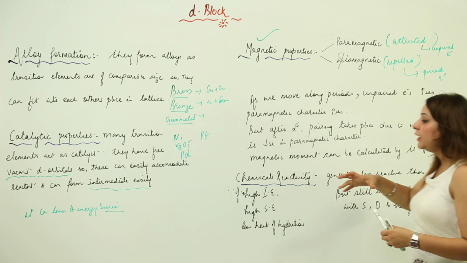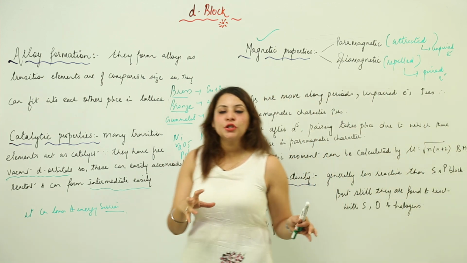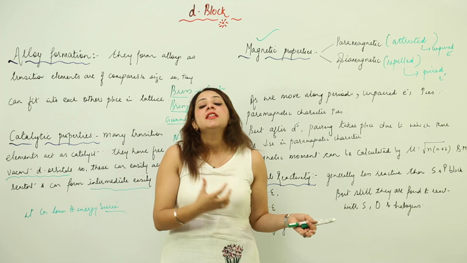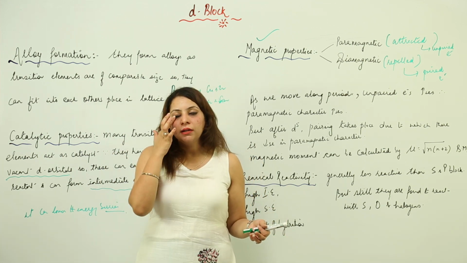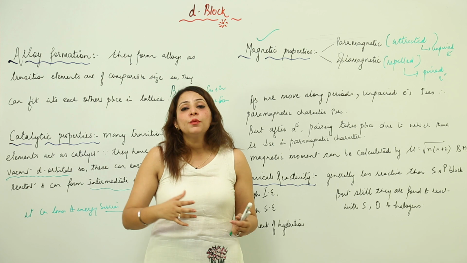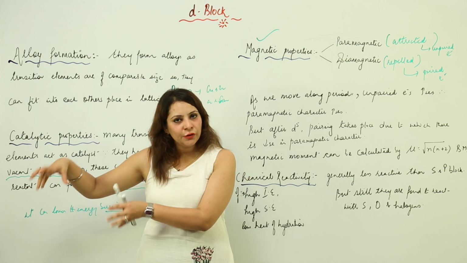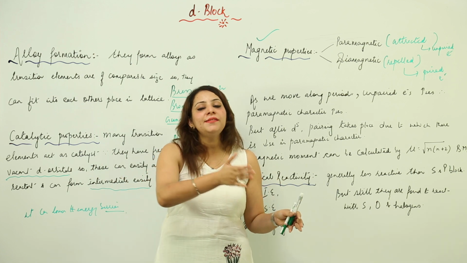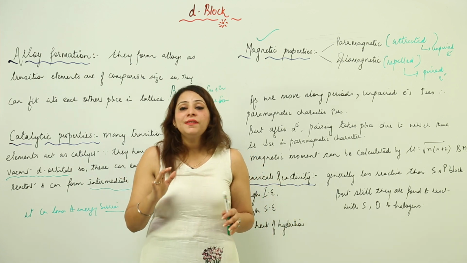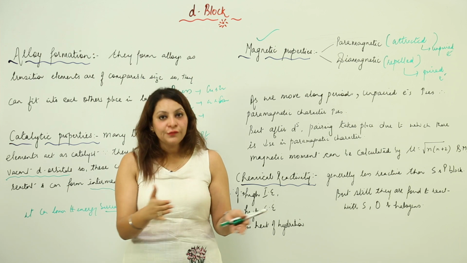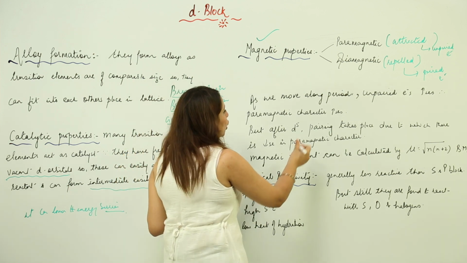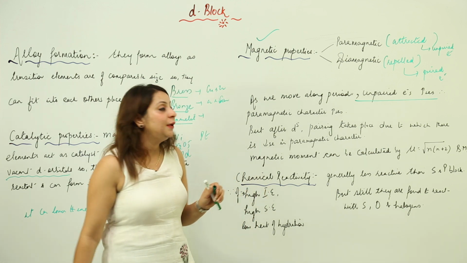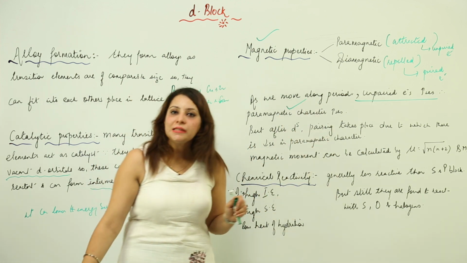If we observe, when we are moving in the first transition series, there is filling of the 3d and 4s orbitals. You start with scandium, it is 3d1, then 3d2, 3, 4, 5, likewise successively the d orbital is being filled. When it starts filling, the unpaired electrons are increasing, and as unpaired electrons increase, paramagnetic behavior increases.